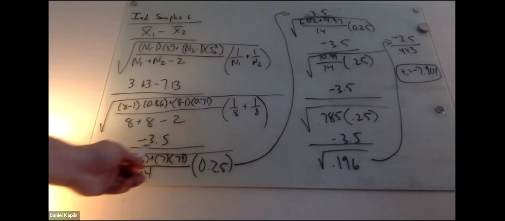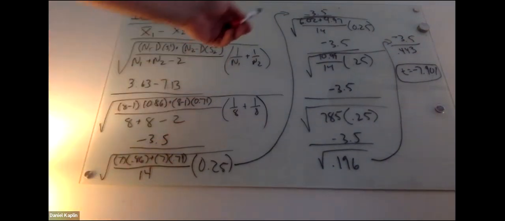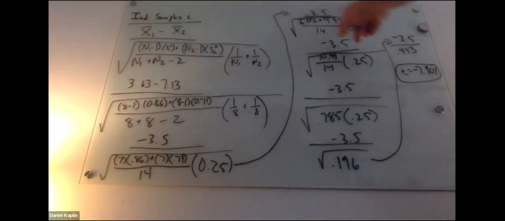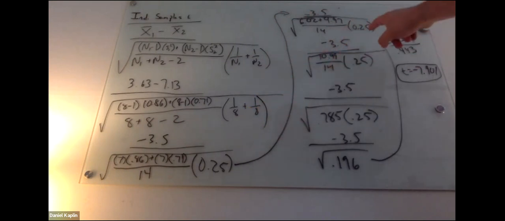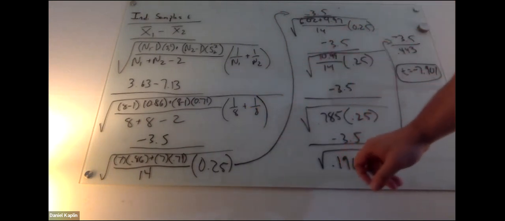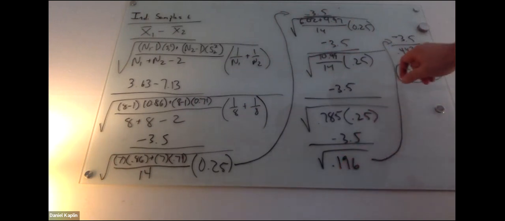So we did all of this first, and then we got our numbers for all of these things. We added it up, divided, calculated this to get 0.25, and then multiplied across, and that's where we got the square root of 0.196. And then eventually we land on negative 7.901.